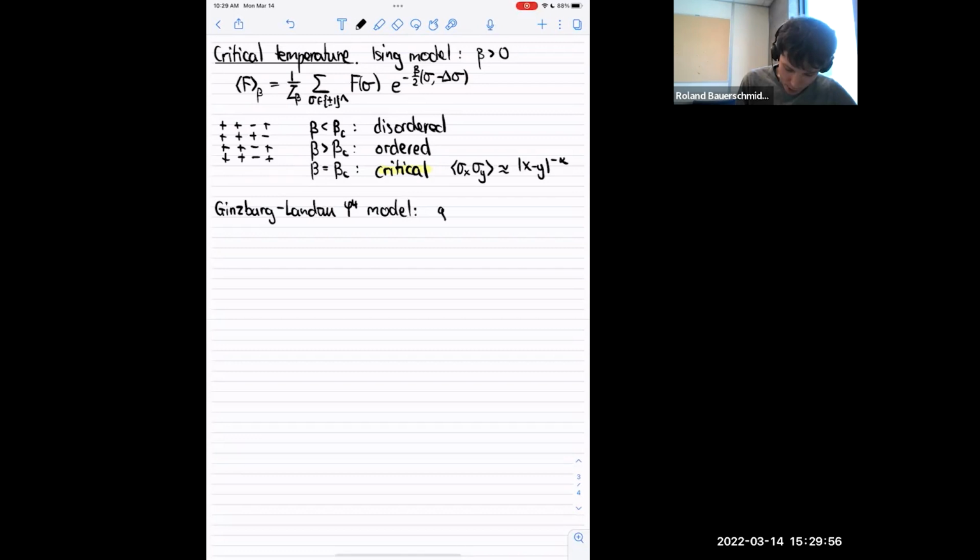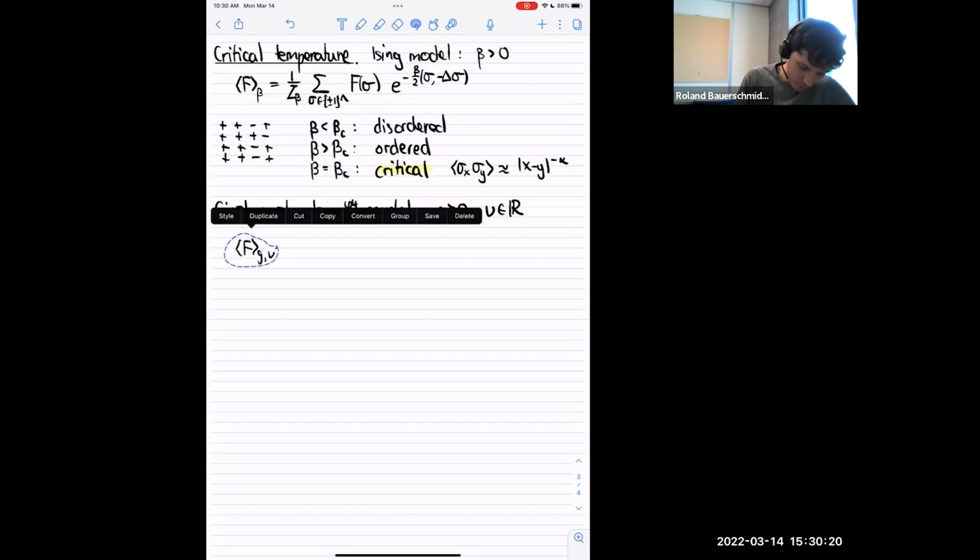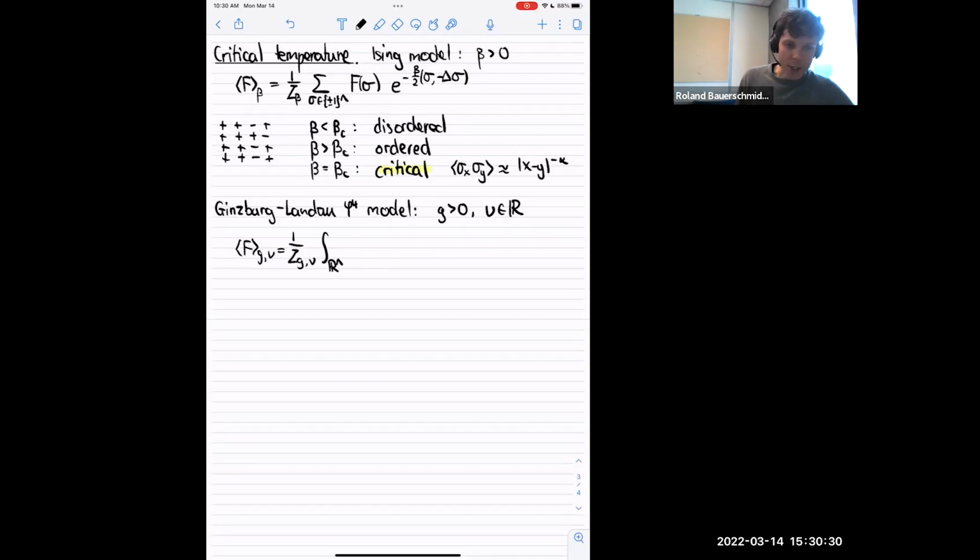And in this case, there are two parameters. One, g, is going to be fixed, and then there's another parameter which will take the role of temperature, which I denote by nu. It takes real values, and then the expectation of the phi-4 model is given in terms of these two parameters as follows. In this case, spin configurations are real valued, so integrating over R to the Lambda.